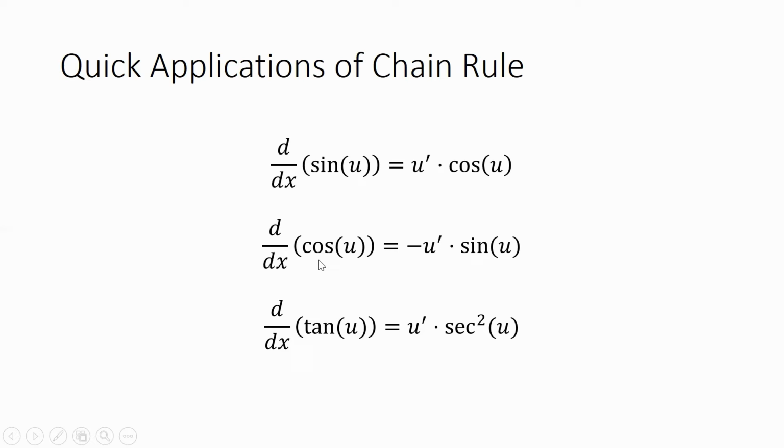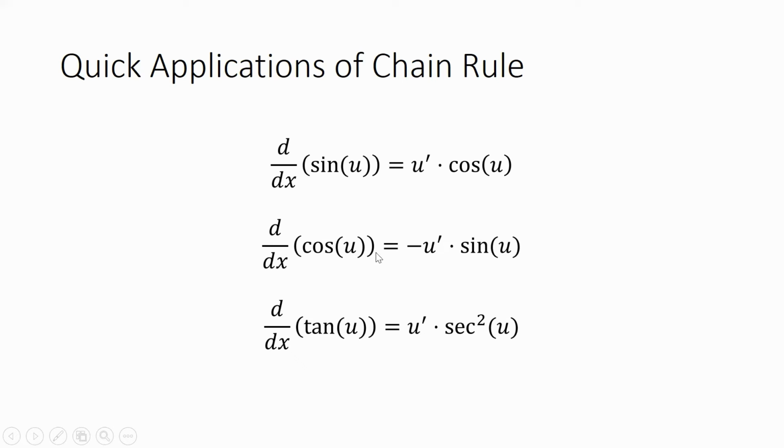We've seen derivatives of sine and cosine and tangent before. So if we take the derivative of sine, you get cosine. So if we take the derivative of sine of a function, we get cosine of that function multiplied times the derivative of the inside function. Derivative of cosine is negative sine.